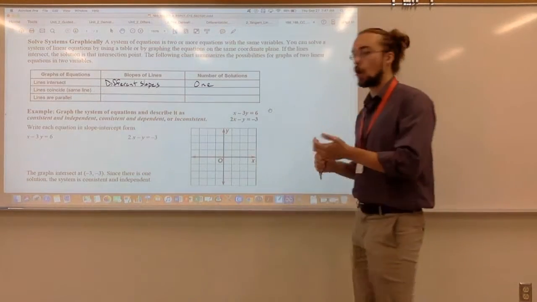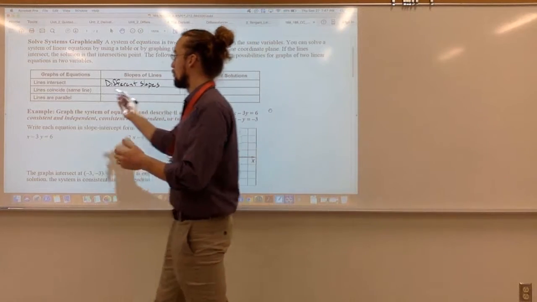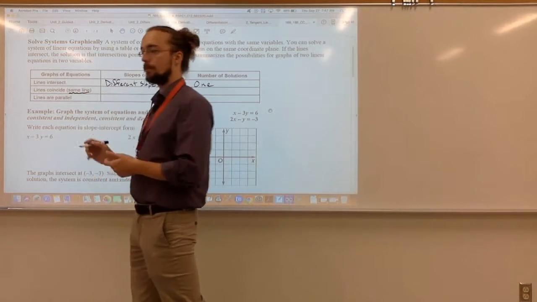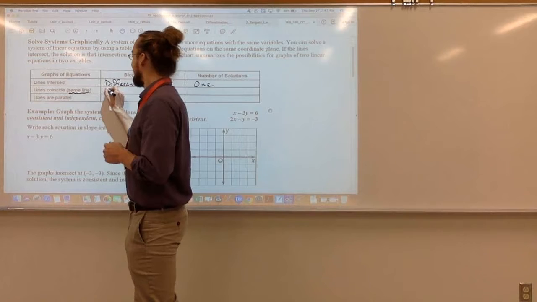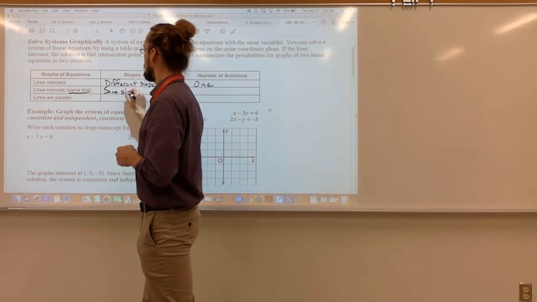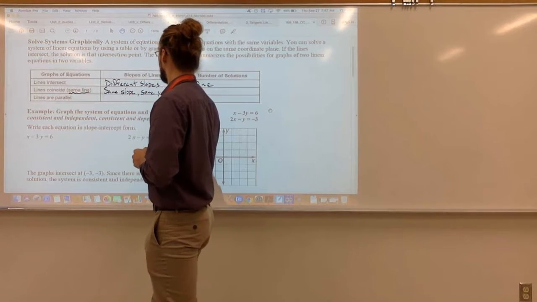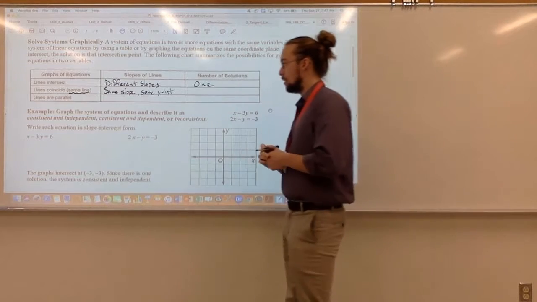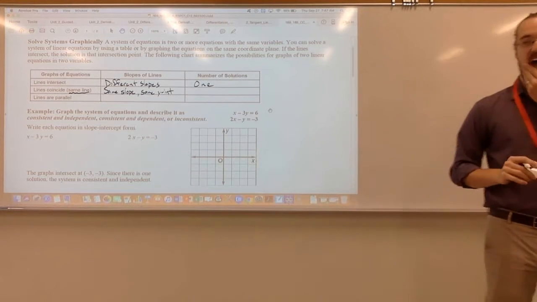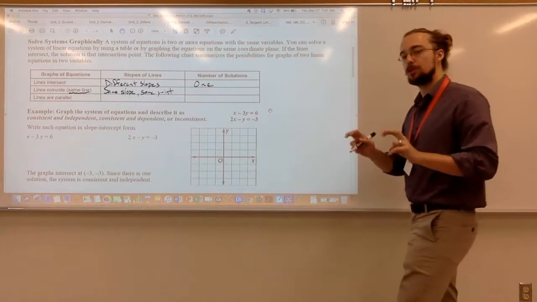First, the lines coincide, or they're right on top of each other. In other words, it ends up being the same line. So, in that case, those two lines would have the same slope and the same y-intercept. Now, in this case, how many solutions will we have?